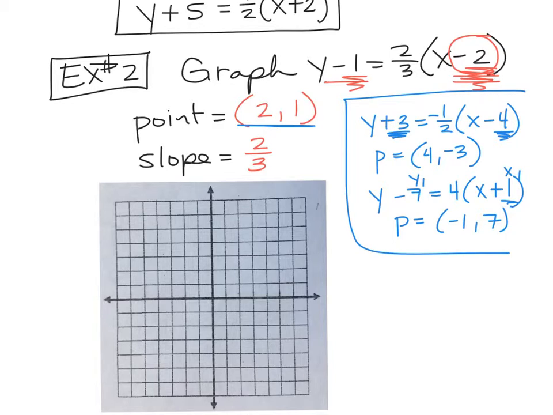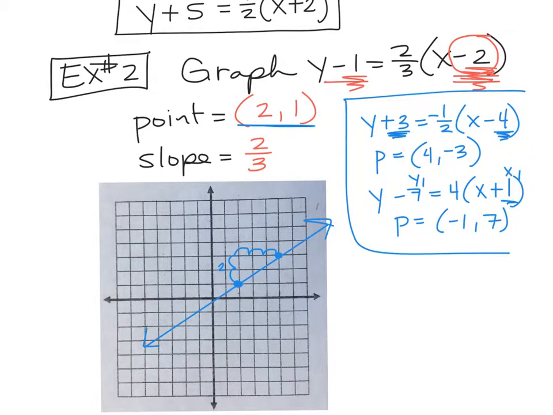So 2, 1 puts me right here. That's my point. Then my slope is 2/3. Where do I move for that? Up 2, to the right 3, right? 1, 2 up, 1, 2, 3 to the right. And then you would take your straight edge and draw that line in. Okay, so that will be the graph of that equation.